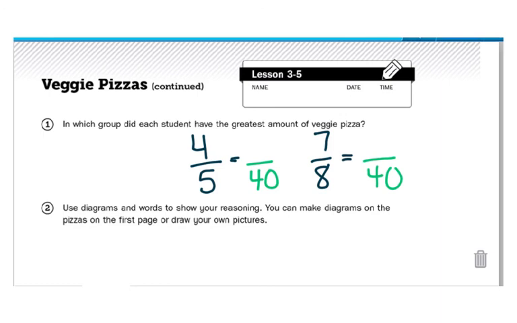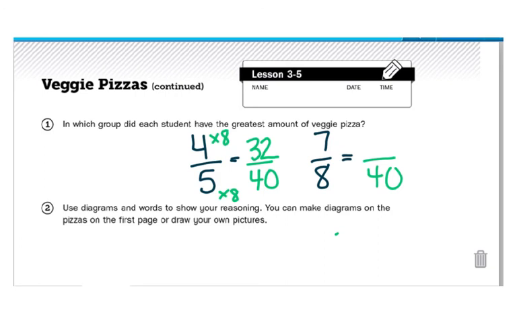I'm going to give it the same denominator because then it's easier for me to compare. So here, 5 times 8 is 40. So if I multiply the denominator times 8, I'm going to multiply the numerator times 8. 4 times 8 is 32/40.